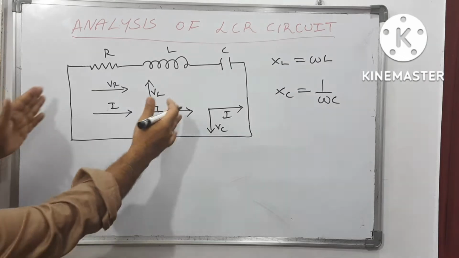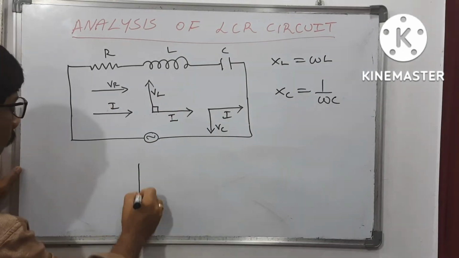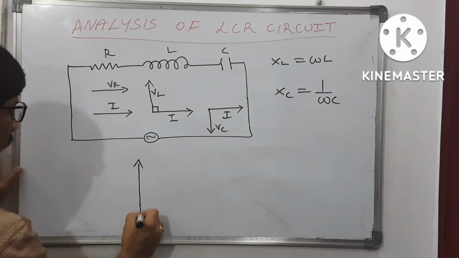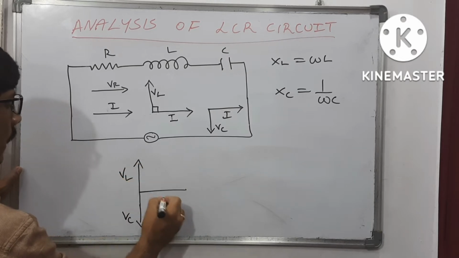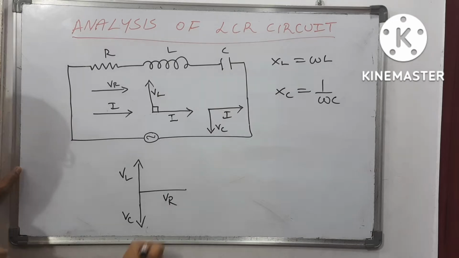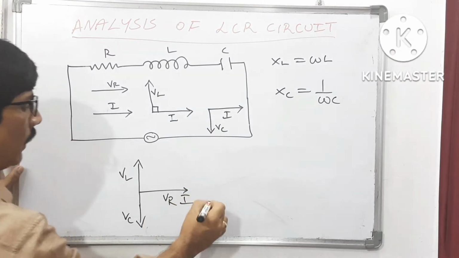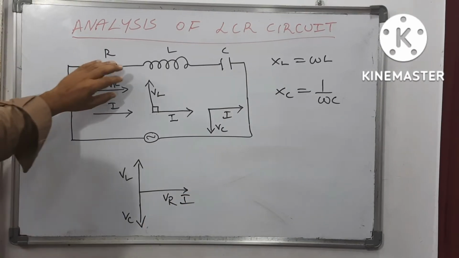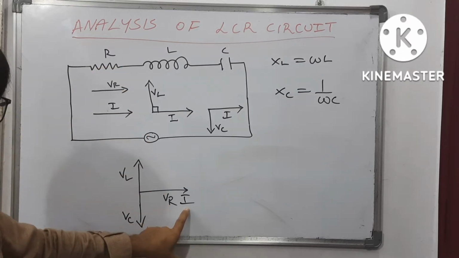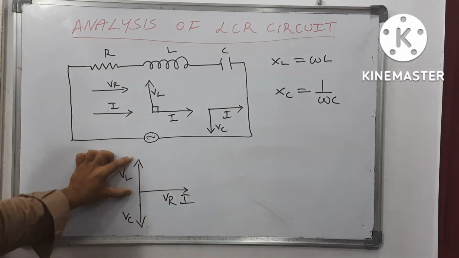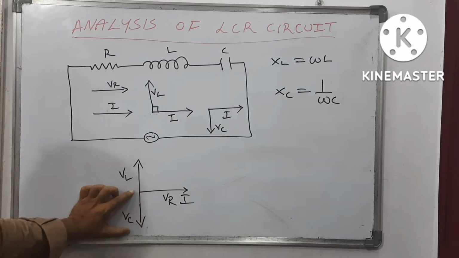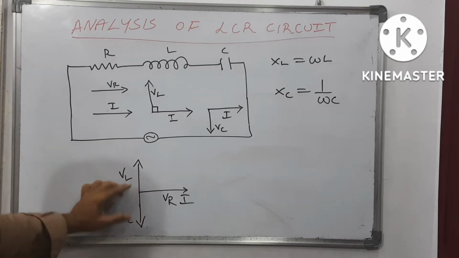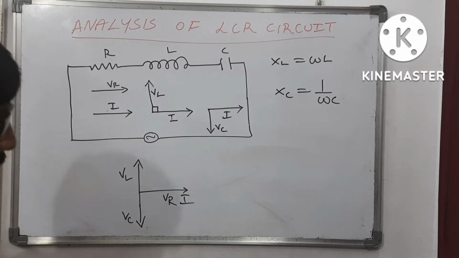But if you take this picture at a time, VC is in this direction, VL is in this direction, but VR is in this direction. VR is in the direction of the current. Only voltage across the resistor is in the direction of the current, but voltage across the inductor is perpendicular to the current, and voltage across the capacitor is also perpendicular, only in the opposite direction.